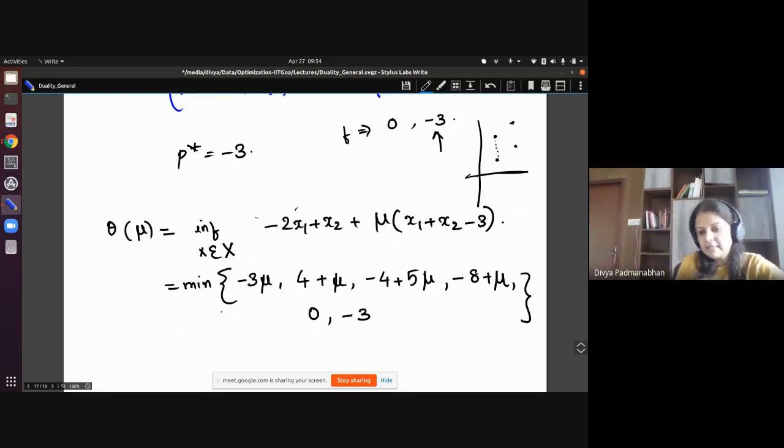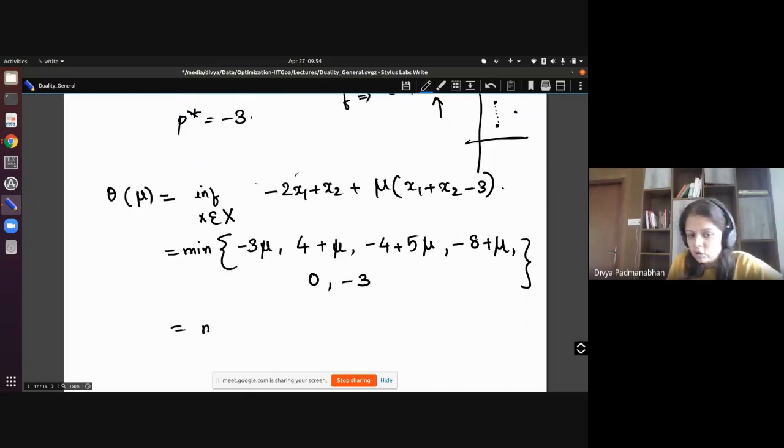Looking at this, there are some things we can directly eliminate. Between 0 and minus 3, of course, minus 3 is always going to be the min, so you can eliminate this 0. And between mu plus 4 and mu minus 8, you can always eliminate mu plus 4 because mu minus 8 will always be lesser.